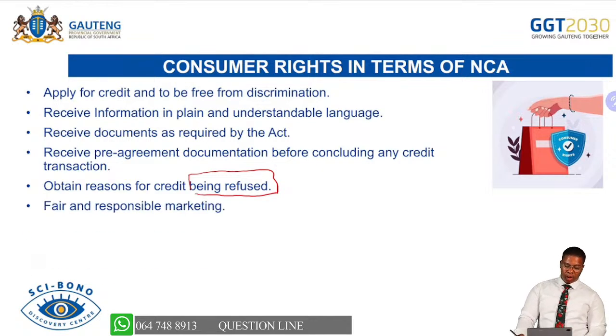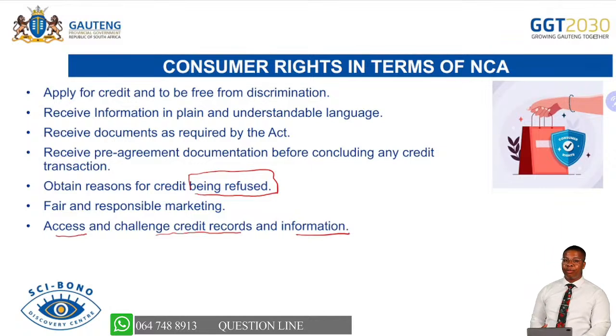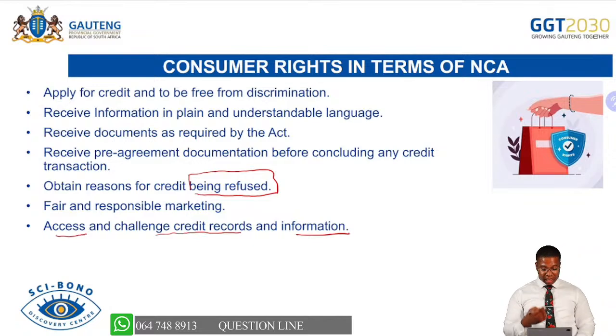As we proceed, consumers would also have a right to fair and responsible marketing in regard to the process of buying on credit, and also they will now have the right to access and challenge credit records or information, to say whatever credit record, whatever credit score is being revealed here is not their actual credit score. So they can challenge the credit records that are being presented, or whatever information the business will receive about that particular customer.